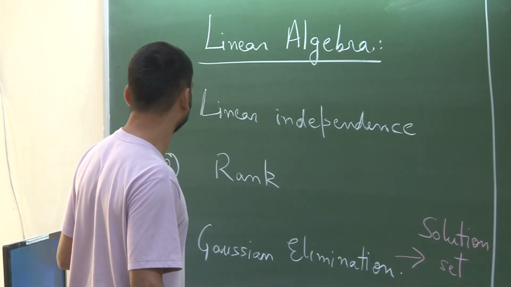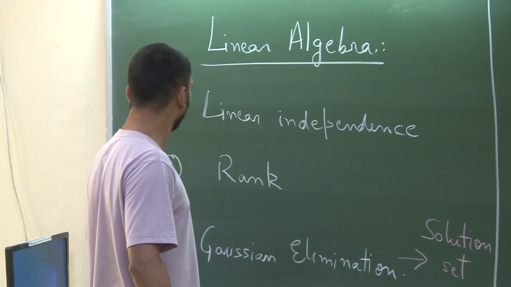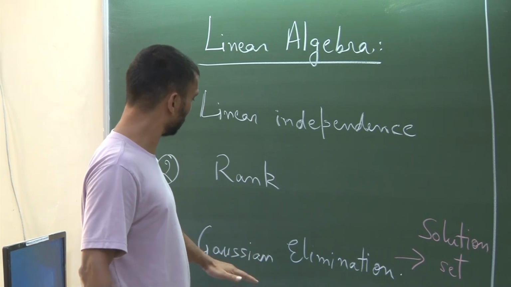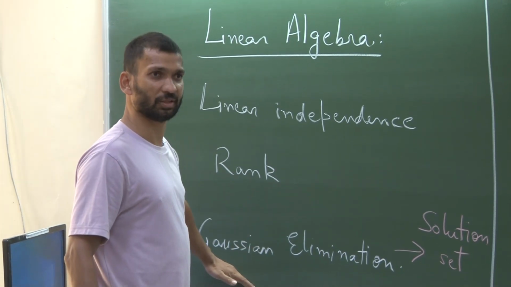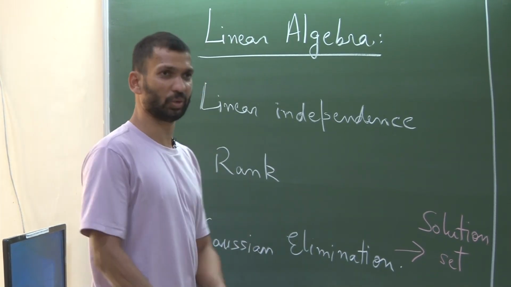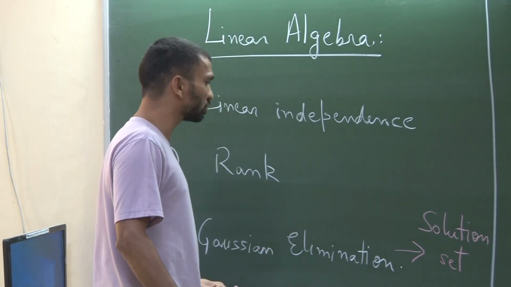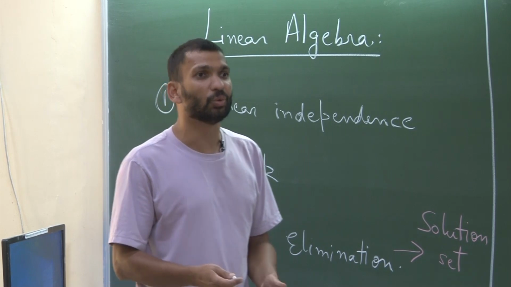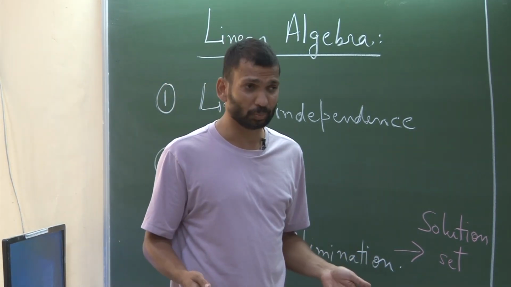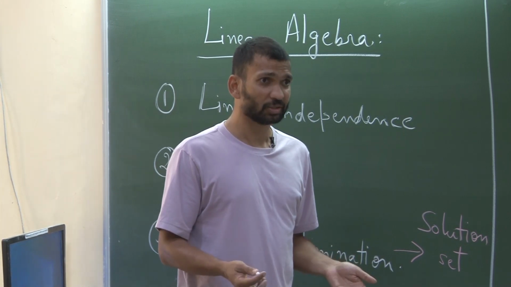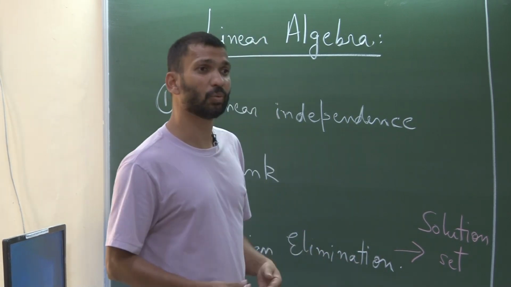And then the third thing which allows us to compute these things was Gaussian elimination. I think this is a nice thing to know in general, not just for this course, because it is a very strong tool. It tells you what the solutions of Ax equal to b or Ax equal to 0 look like, right? So, what are the possibilities for Ax equal to b?